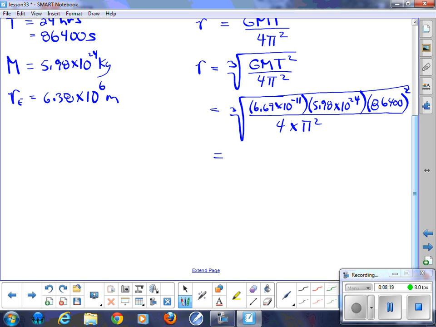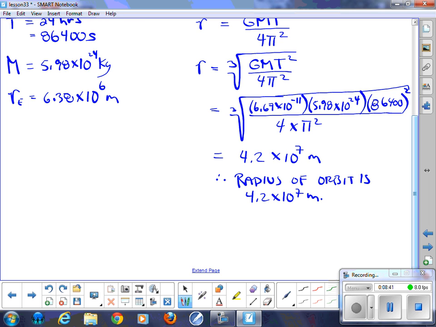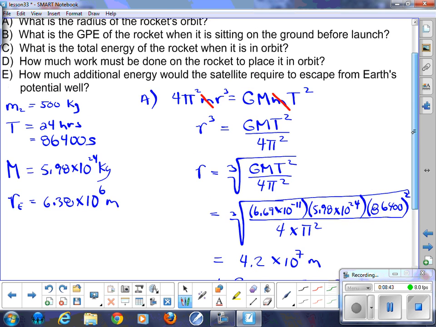And when you go through and do those calculations, you should get 4.2 times 10 to the 7th meters. So therefore, the radius of orbit is 4.2 times 10 to the 7th meters. So there we go. A part done.